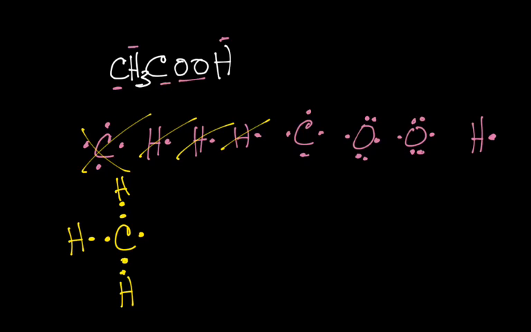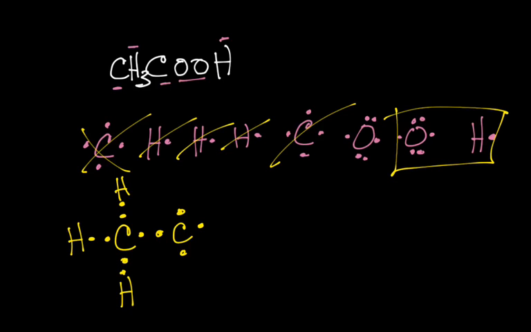Now we're at the next C, which is probably going to go right next door here. All right, then we have O, O, and H. So this one might take a little bit of thought. We know an O and an H are going to go together, right? So let me draw that out.